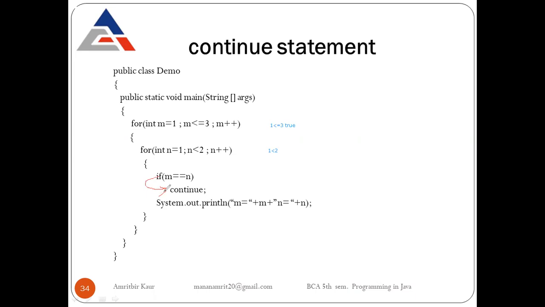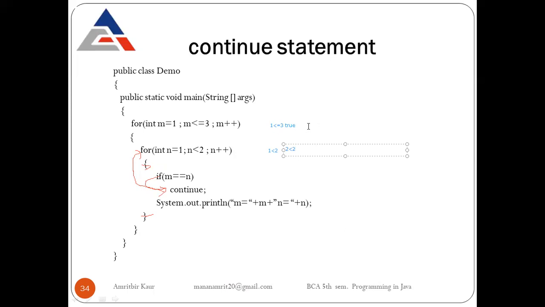Control goes to the beginning because the body of the inner for loop is the block of this continue. So control goes to the inner loop for the next iteration. Now n becomes 2. 2 is less than 2, the condition is false, so control goes to the outer loop.